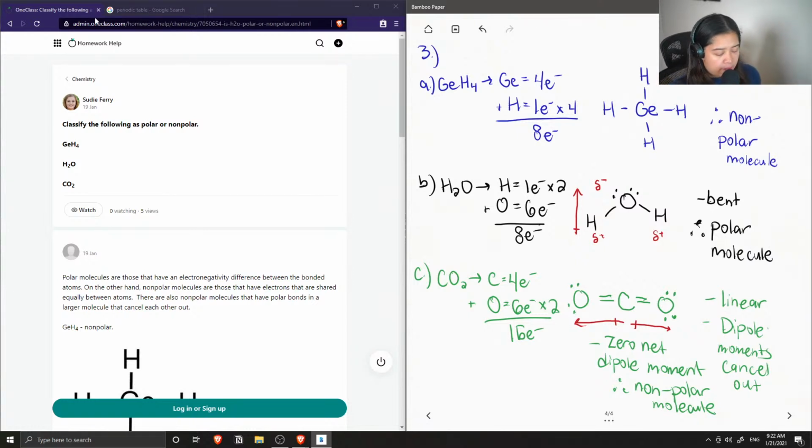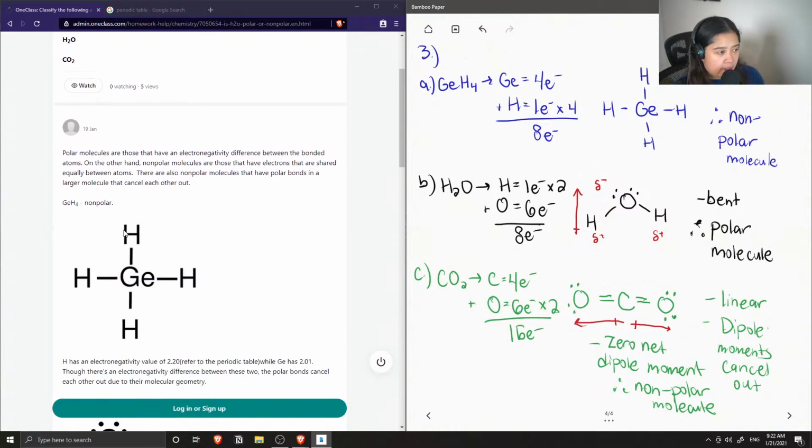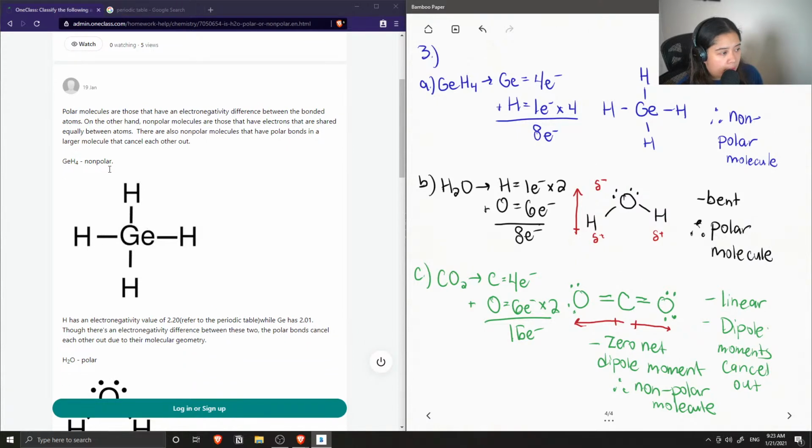Okay, so now let's see what the junior tutor said. Polar molecules are those that have an electronegativity difference between the bonded atoms. On the other hand, nonpolar molecules are those that have electrons that are shared equally between atoms. There are also nonpolar molecules that have polar bonds in a larger molecule that cancel each other out.